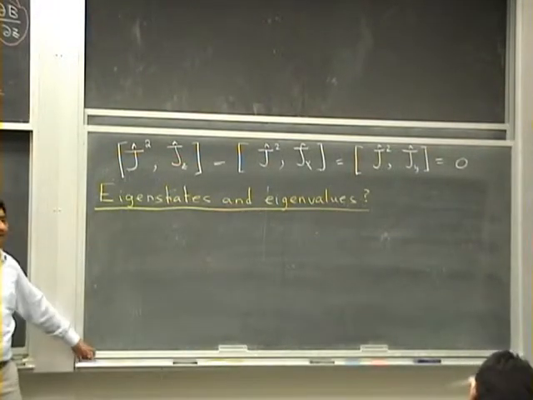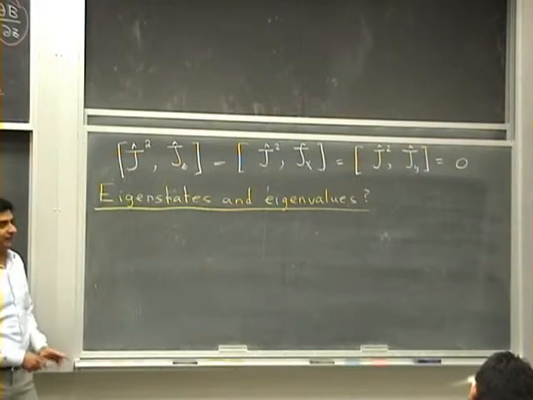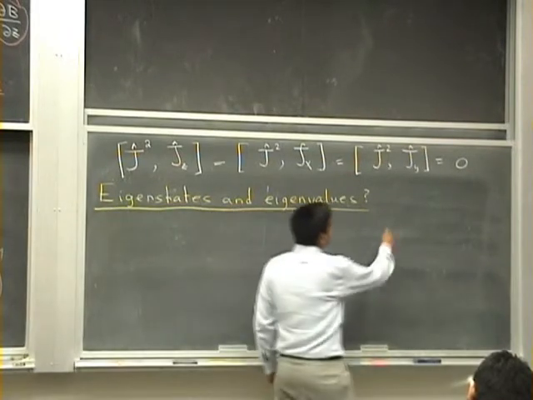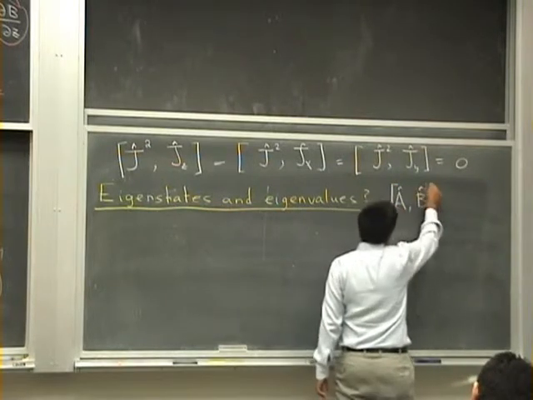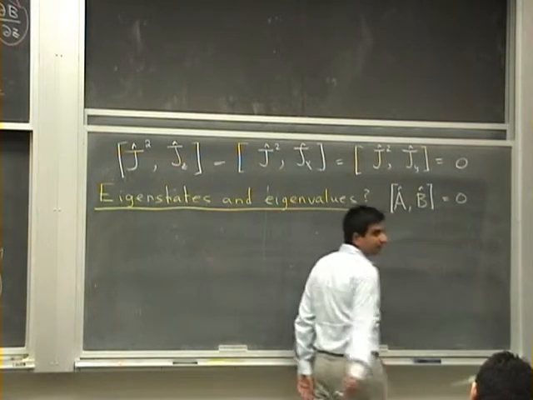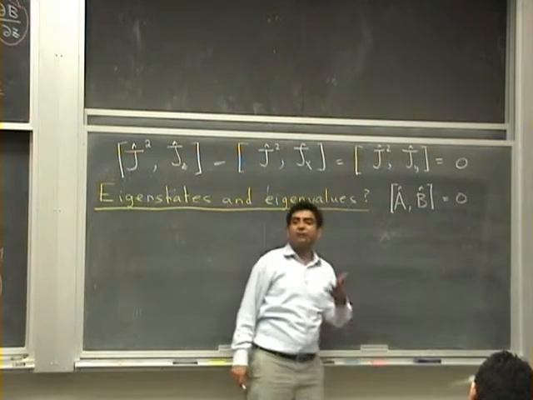Now something that we learned in the previous class is that if we have two operators A and B which commute, which means they are compatible observables, then A and B will have common eigenstates.